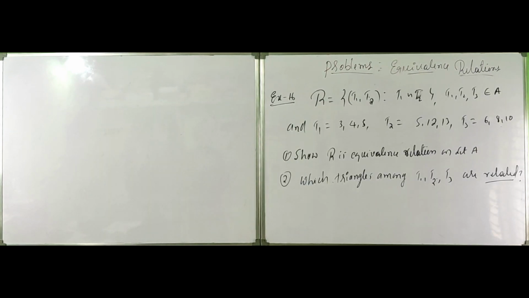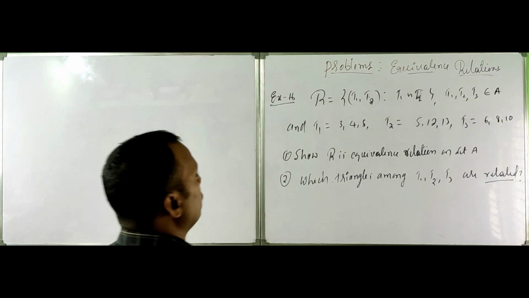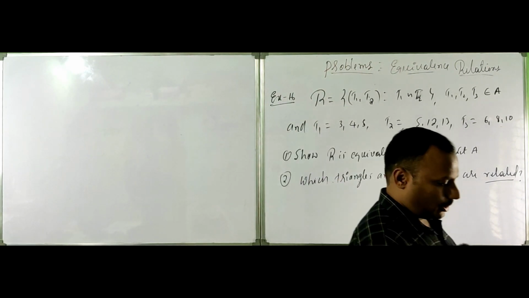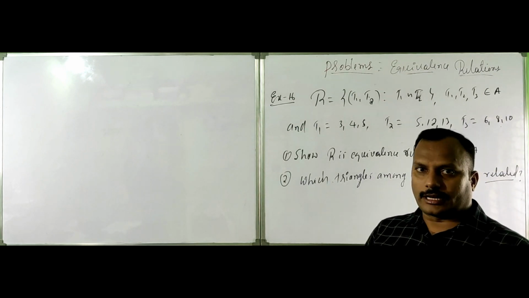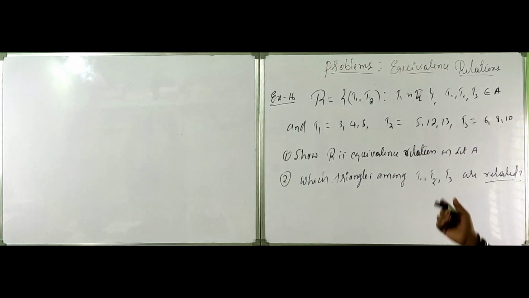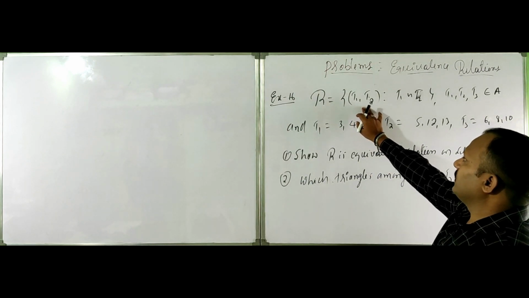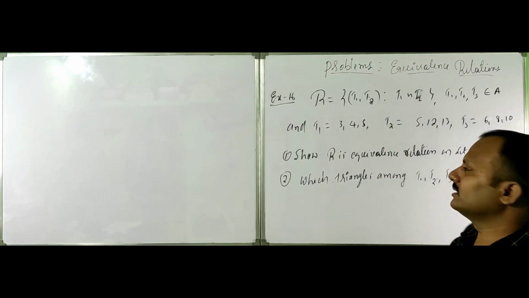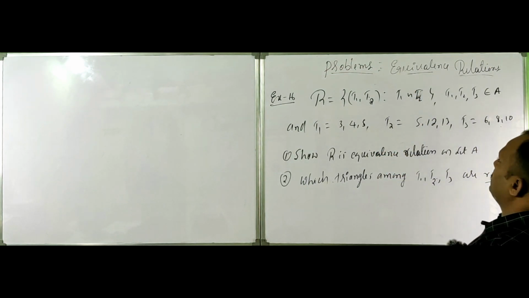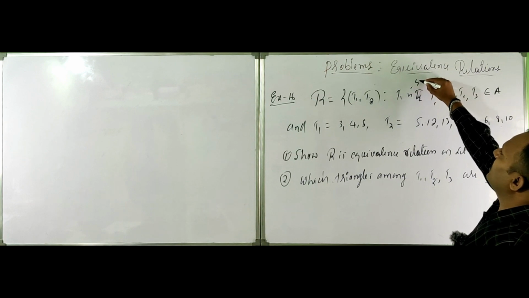Next question is question number 16, quite theoretical and quite lengthy also. The books give it quite lengthy, but I shortened it to fit the limited area. So R is the relation on the set of triangles T1 and T2 such that T1 is similar to T2.